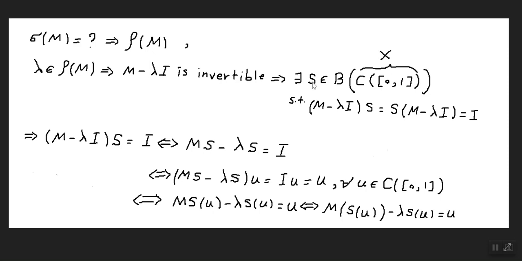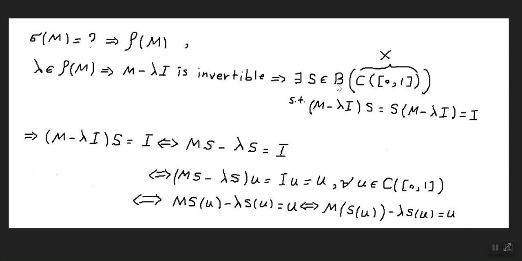is invertible. It means there is a bounded linear operator on this Banach space, S, such that M minus lambda I times S equals S times M minus lambda I equals I. What is I? The identity operator on this Banach space.